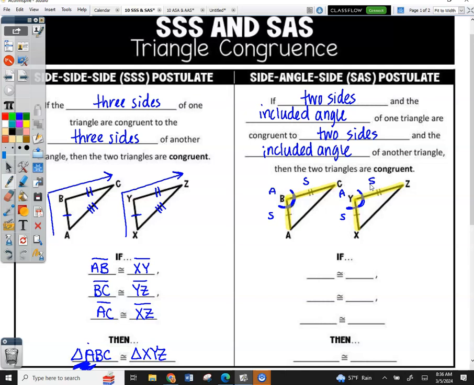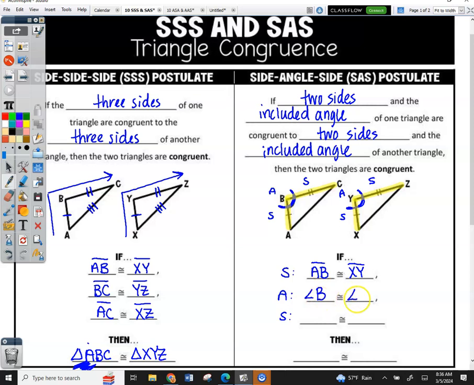Now let's list it out in that order. Let's list a side, an angle, and then another side. So we've got side AB is congruent to side XY. What angle's congruent?